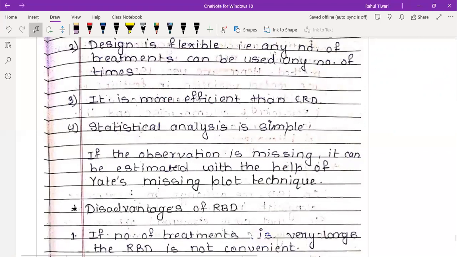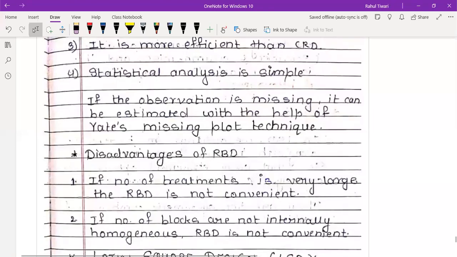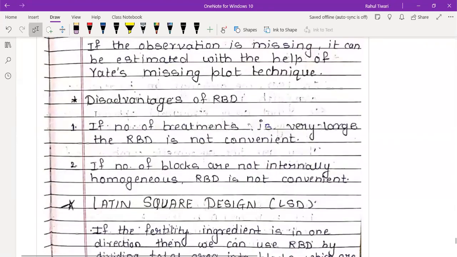So there may be one observation missing. Maybe one practical will be conducted by Chaya madam under this, when data is missing. Then there are certain disadvantages of RBD.